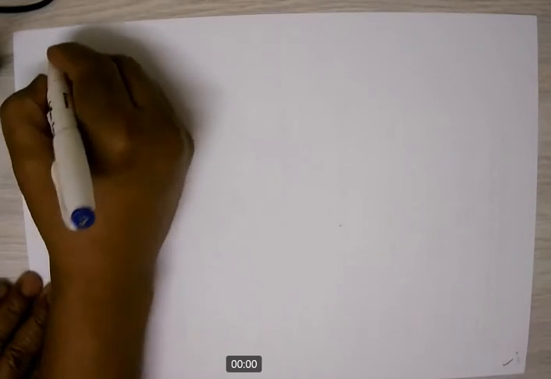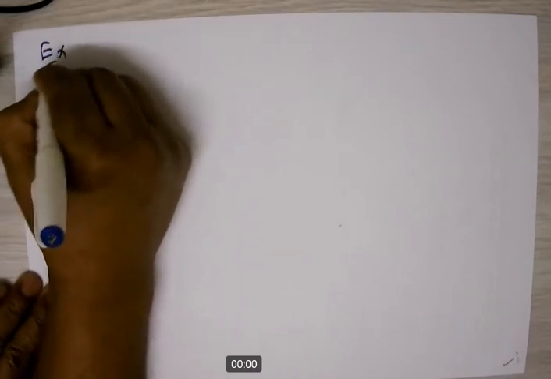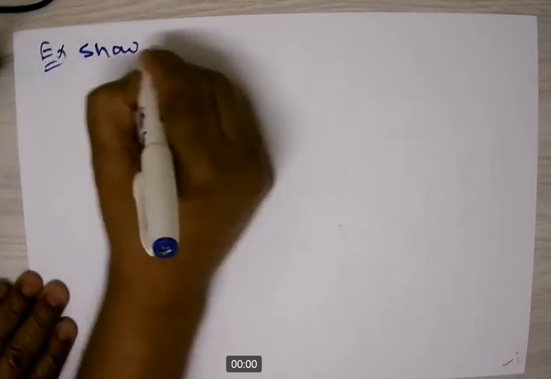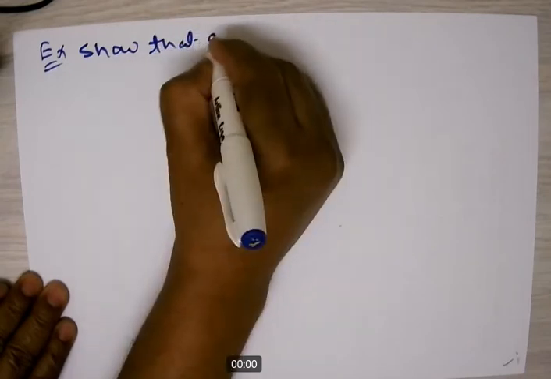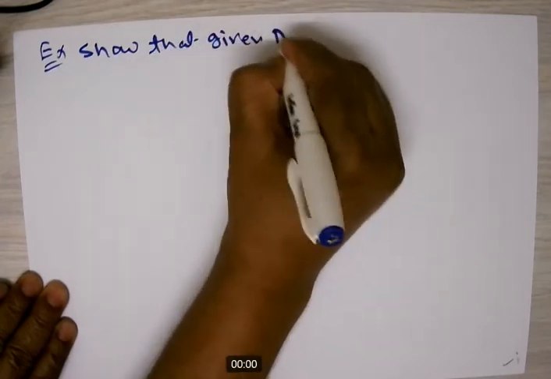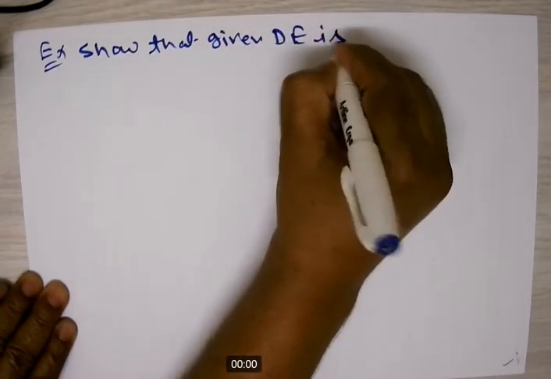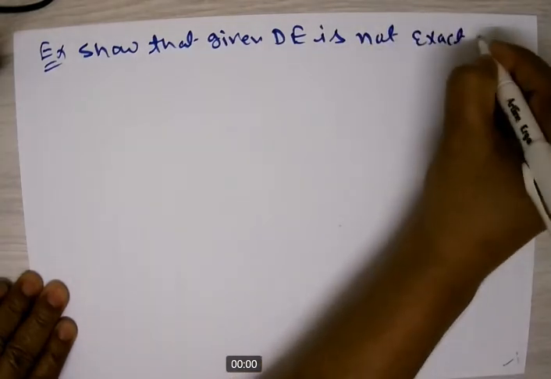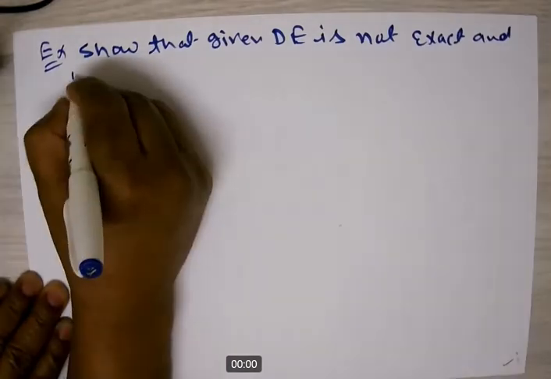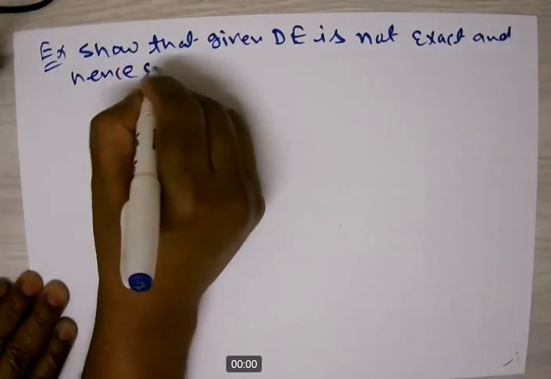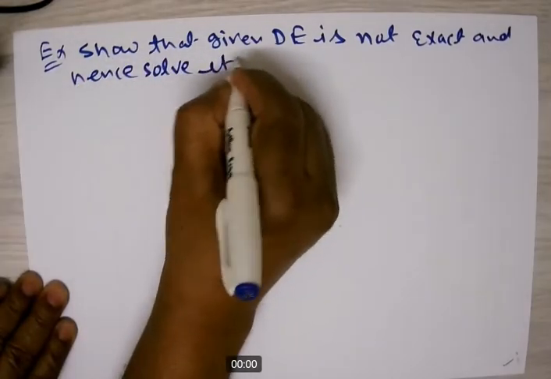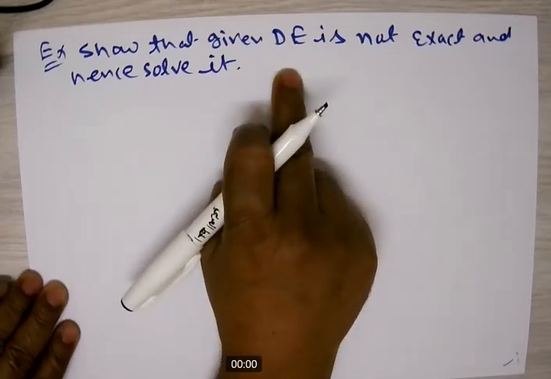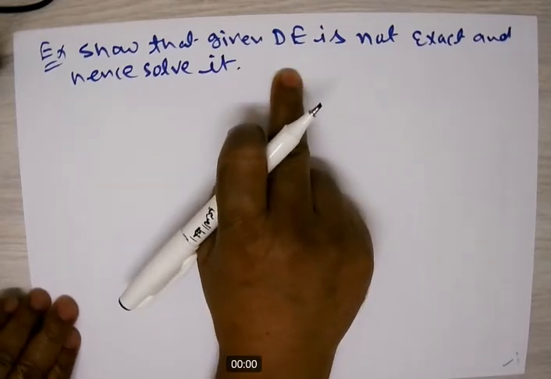I am going to explain this by taking one example from ProQuest. The example will be asked like this: show that the given differential equation is not exact and hence solve it. First of all, check that the given differential equation is not exact.